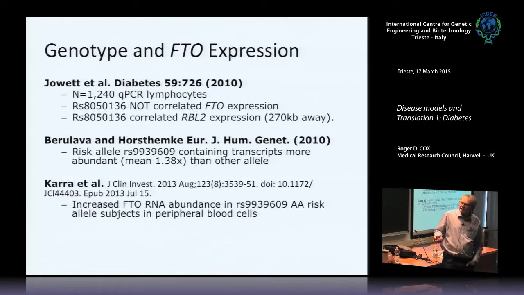And similarly, in this Karra JCI paper, they also found an increase in FTO abundance with the homozygous risk allele. So this is distinguishing alleles, again, in peripheral blood, which may not be the right tissue. We have some ideas now about which are the key tissues, but obviously we can't access the hypothalamus very easily for RNA.